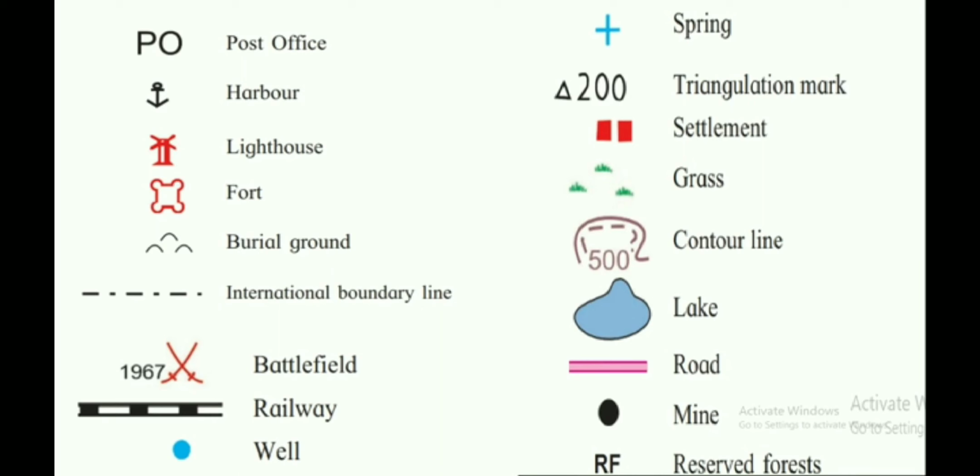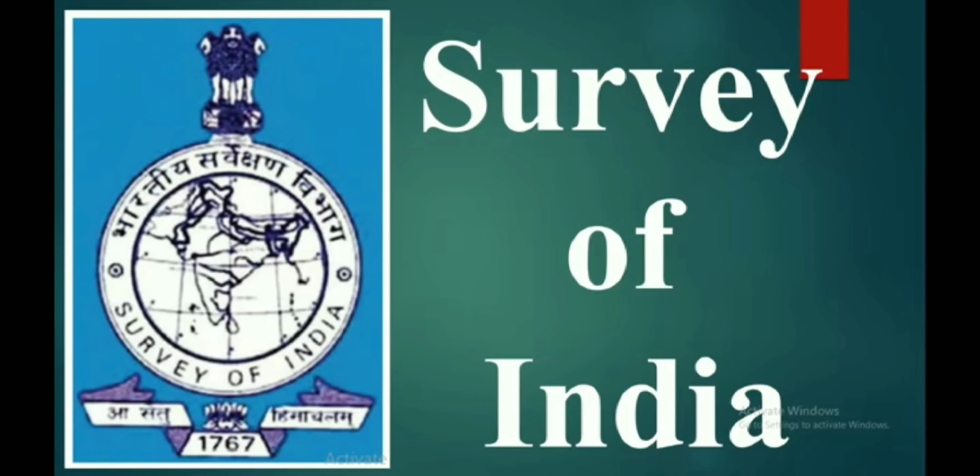So students, now you can see here the logo of Survey of India. I will give you information about Survey of India. The Survey of India is the foremost map-making institute in India. It makes lots of symbols and signs for reading the map. It was established in 1767.